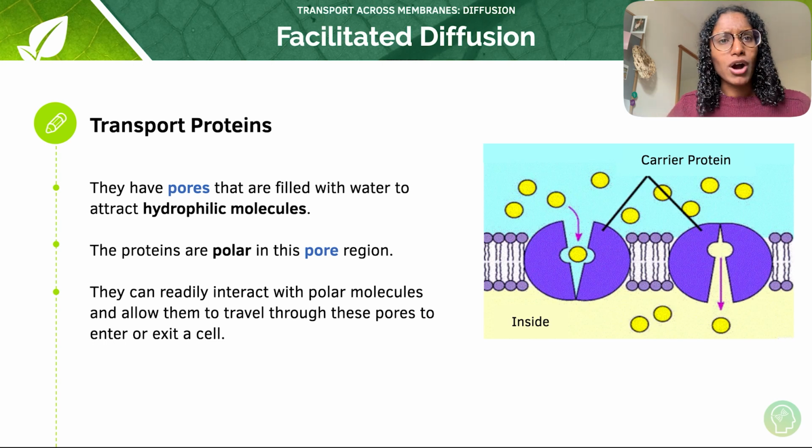Now, let's have a look at why these proteins can allow this to occur. These proteins have pores that are filled with water to attract hydrophilic molecules. And the proteins in this region here are polar, which allows them to interact with other charged molecules, so other polar molecules, and allows them to travel through these pores to enter or exit a cell.